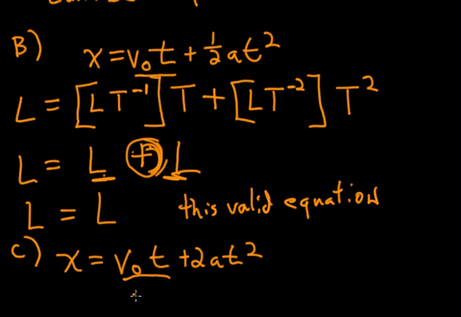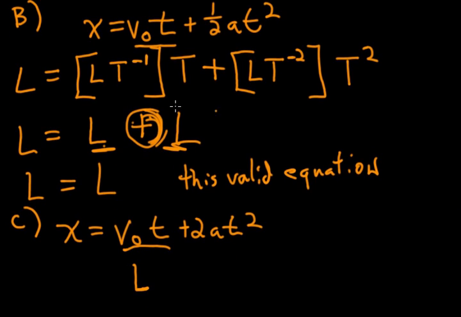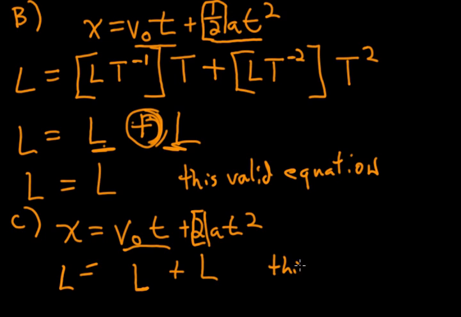So we know this term is going to come out to L. We're going to use the work that we did before to save us some problems. And if we look here, the only thing different is that constant. Well, constants don't have dimensions, so this dimension is also L. So this is valid.